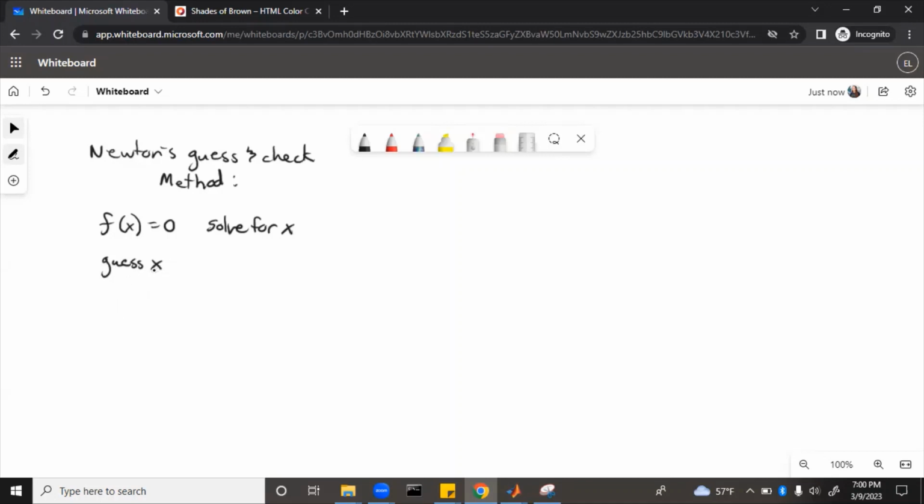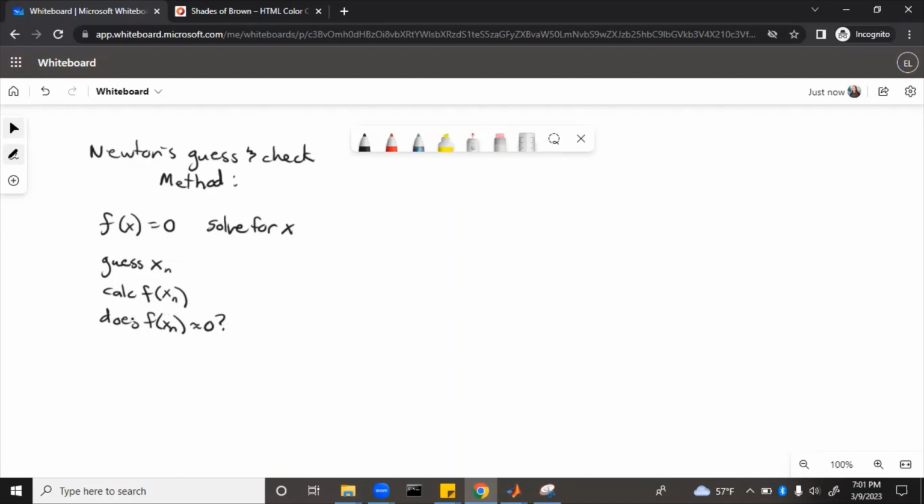So you guess x, and then you calculate f. And then you need to see, using that x, so guess x in, it's a number that we've guessed. Calculate f in, and then you want to see, does it equal 0? So if it does equal 0, then you can stop right there, you found it.